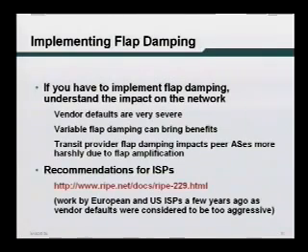So if you have to implement flap damping, it's pretty necessary to understand the impact on the network. The first thing, vendor defaults are actually very, very severe. I mean, the Cisco defaults basically allow you 2 flaps and then you're gone for almost an hour. That's the worst case. And that's not good. And the sad thing is there are a large number of ISPs who just switch on the Cisco defaults or the Juniper defaults or whatever because they've seen it in a template somewhere.